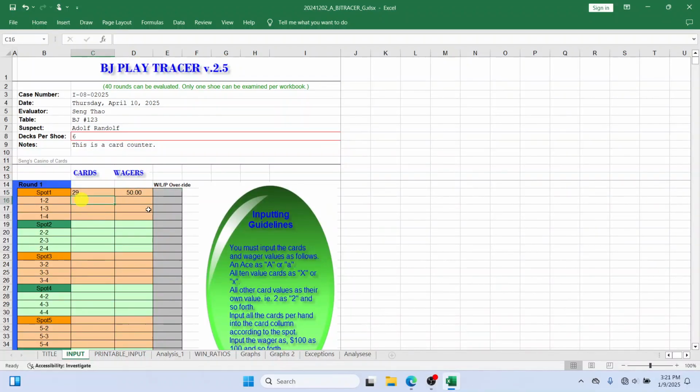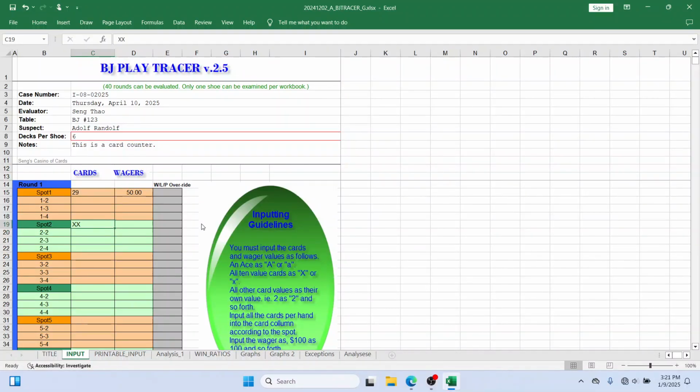For example, if this person here, let's say spot 2, receives a jack and a queen, you would just put XX, because the jacks, queens, kings, and 10s are all valued as 10 cards in blackjack.